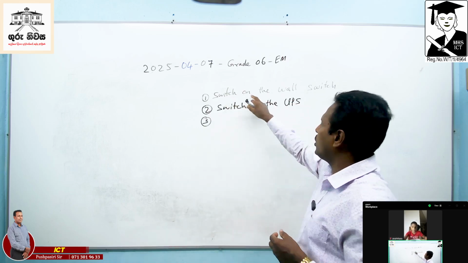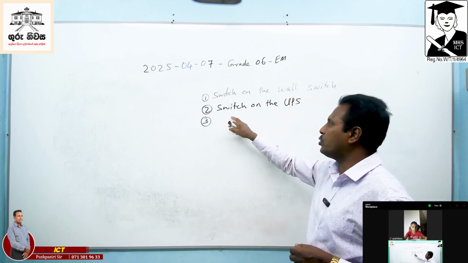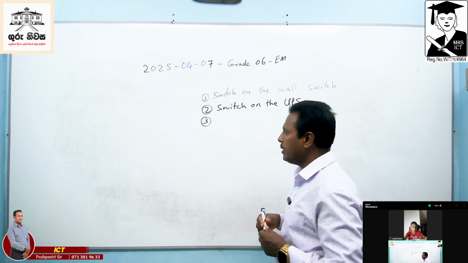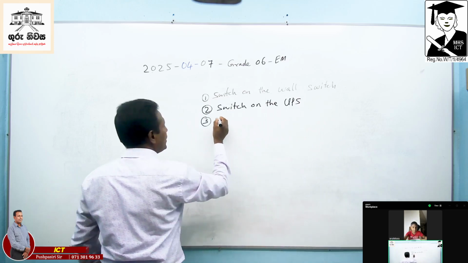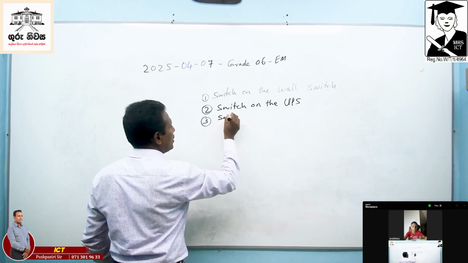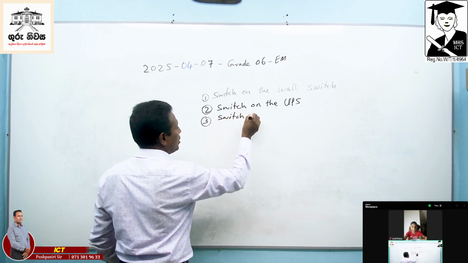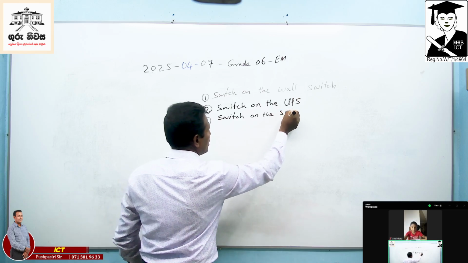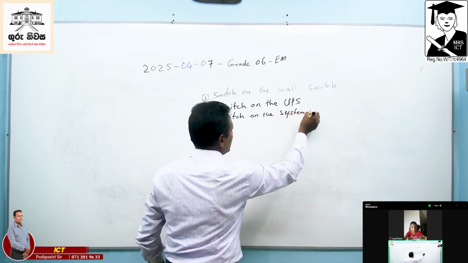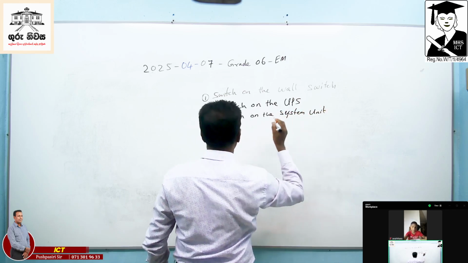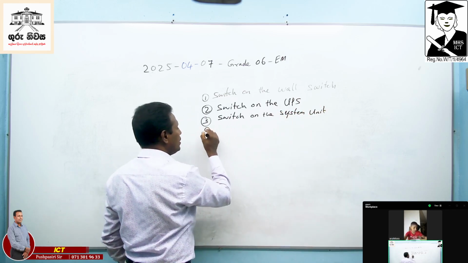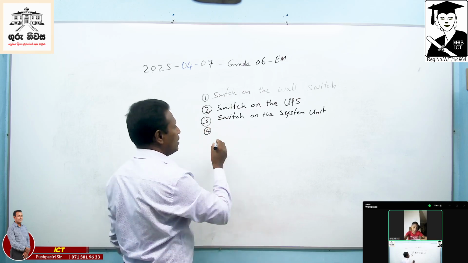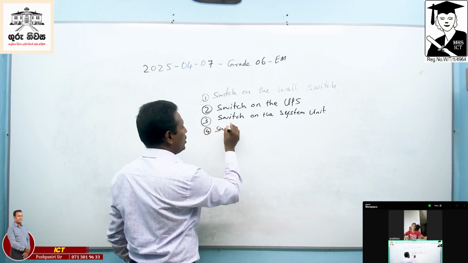So first you have to switch on the wall switch, then switch on the UPS, then after that you have to switch on what? The system unit. Then after that, switch on the monitor.